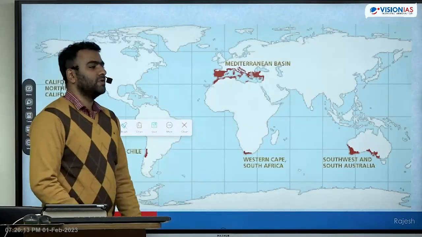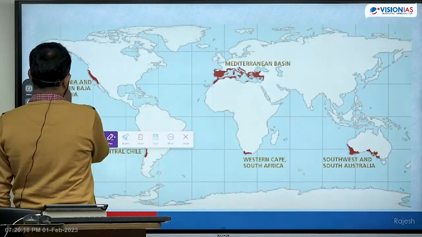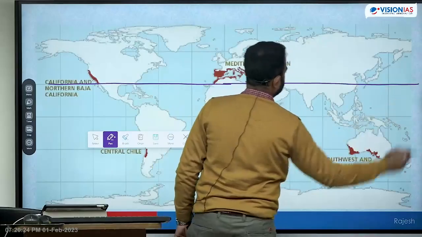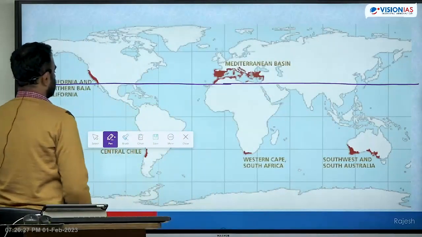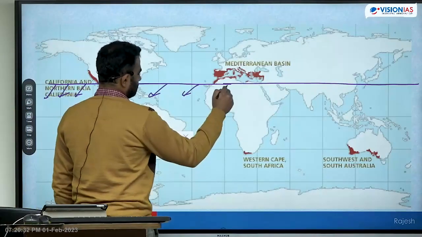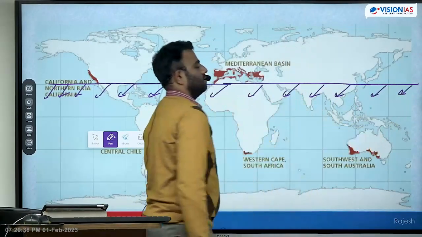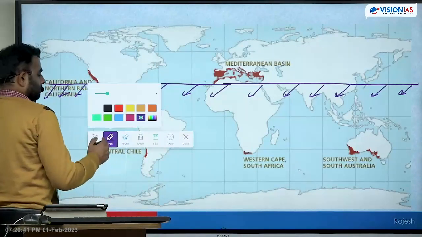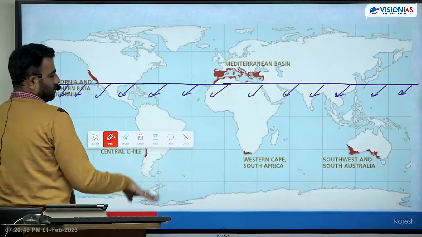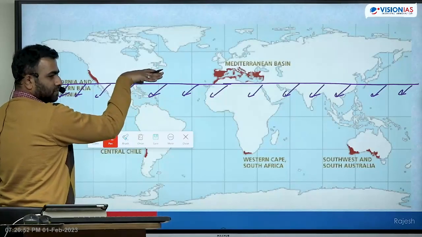So let's say it is equinox. मान लो equinox है. Okay, this is 30 degrees. This is where the trade winds are originating. So let's say this is summer solstice. ITZ shifts north. The trade wind origin also shifts north.